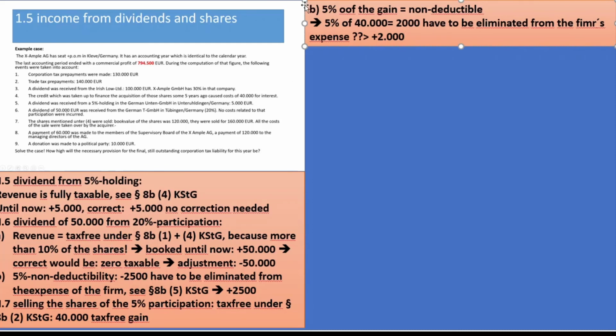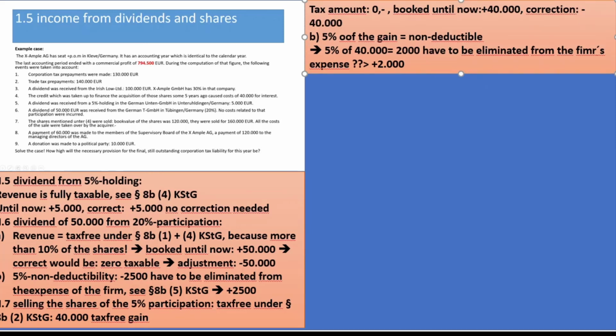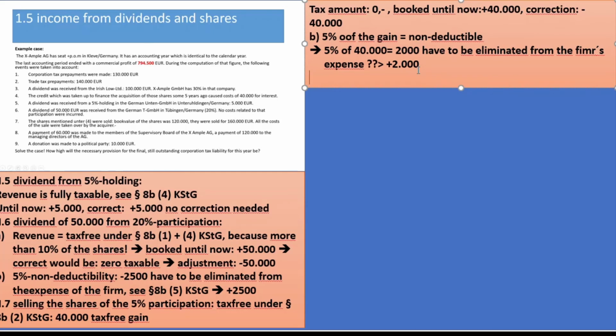And by the way, I forgot naturally, which adjustment does that need here? 40,000 tax-free gain means taxable amount is 0, booked until now was a revenue of 40,000, because naturally in the books of the commercial accounting you will have these 40,000, so minus 40,000 will be the necessary adjustment to make the transition from commercial accounting to tax accounting, or to taxable profit.